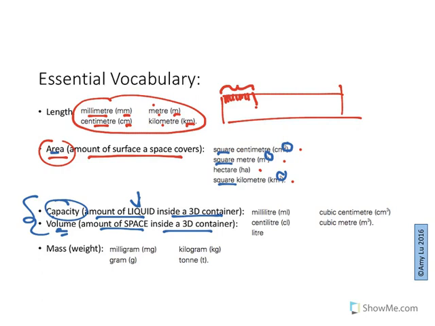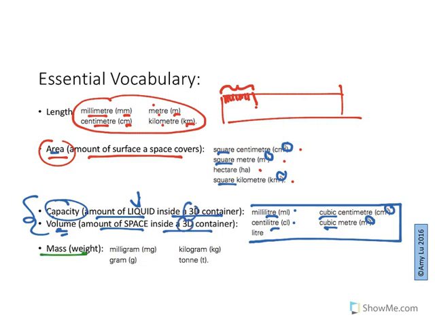And so when we measure the space within a 3D container, we often use milliliters, cubic centimeters, centiliters, cubic meters, or liters. And we'll notice that if it's not talking about liters, which is to measure liquid, we talk about it as a cubic something meters, because it's a 3-dimensional shape.